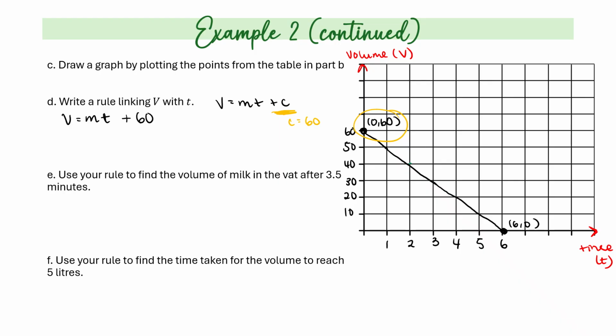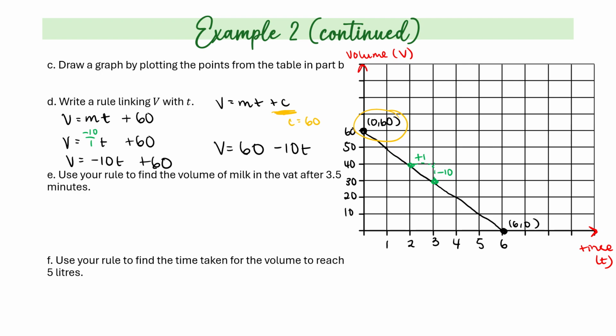If we do that between 2 points, we know that our run across is 1, and then going down we're minusing 10. So our gradient is going to be negative 10 over 1, which simplifies to negative 10, okay? So V is equal to negative 10t plus 60, which we can also write as 60 minus 10t, okay? Whichever one takes your fancy.